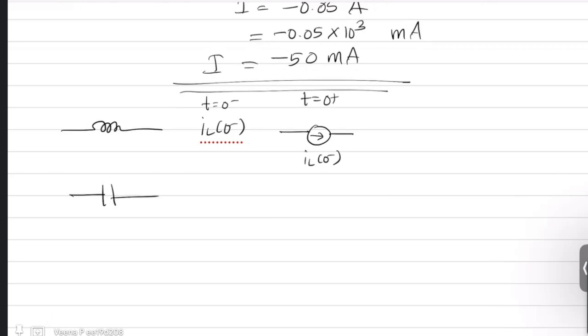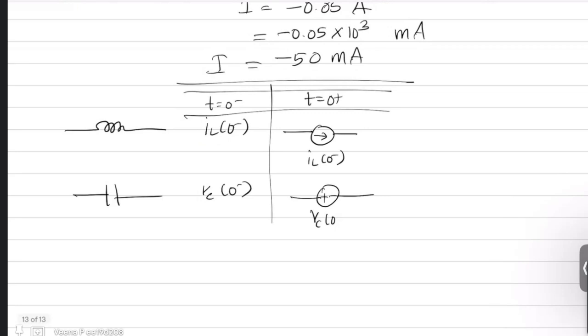But for a capacitor, if the voltage across a capacitor just before switching is Vc of 0 minus, the equivalent circuit at t equal to 0 plus, you have to replace the capacitor with a voltage source with polarities retained and its value is Vc of 0 minus. Now if the question is asked for any time t, then you have to go for Laplace domain analysis, where you have to replace the inductor with Ls and a capacitor with 1 by Cs.